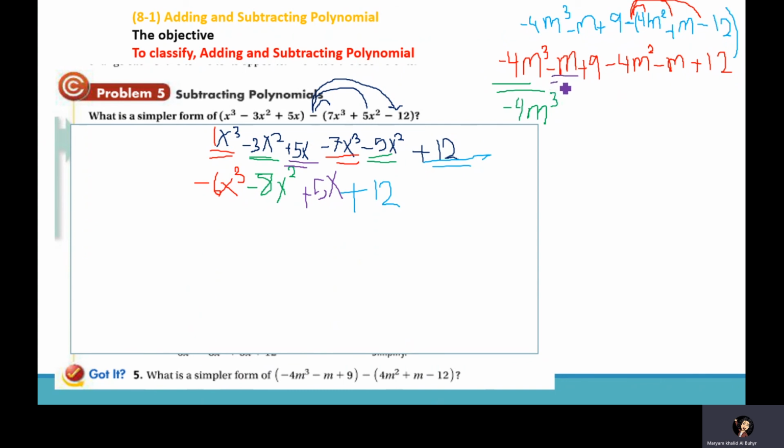Is there anything to add with it? Yes, m to the power 1, m to the power 1. So these two are like terms. The coefficient here is negative 1, and the coefficient here is negative 1. As I told you before, if you have one bag and one bag, it's two bags. So that is negative 2m.